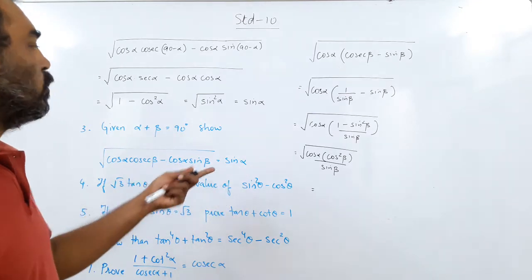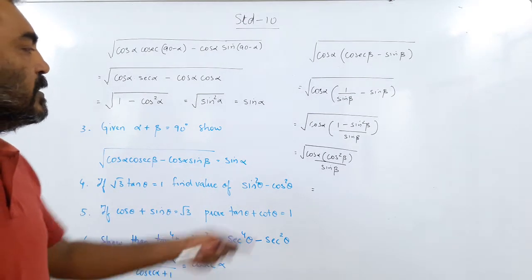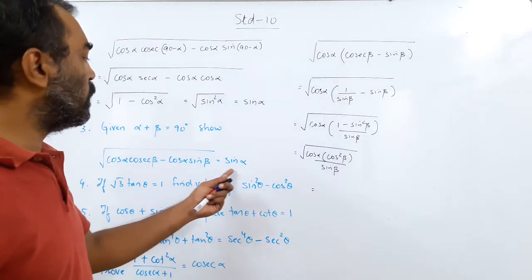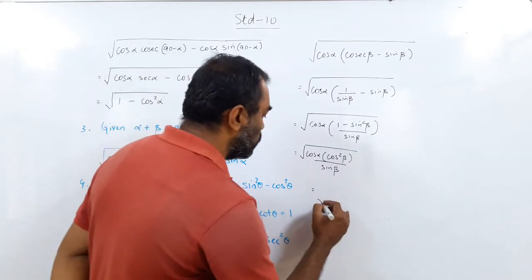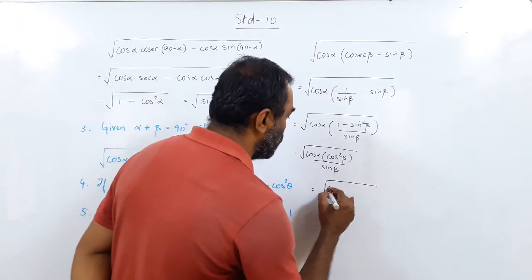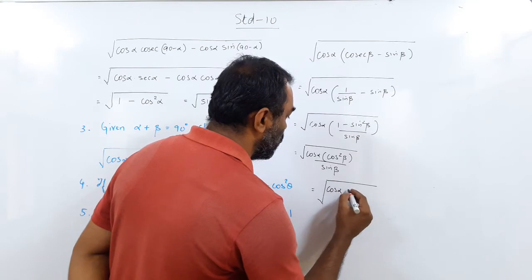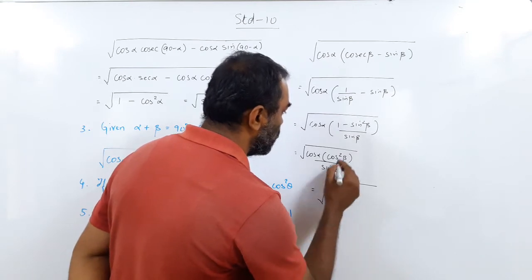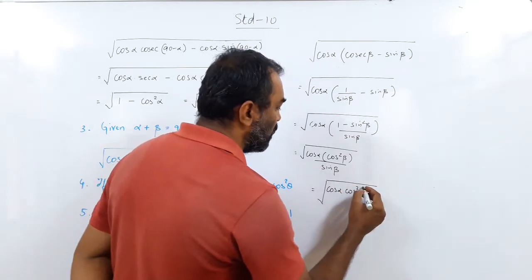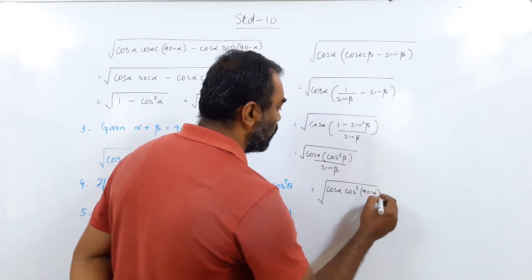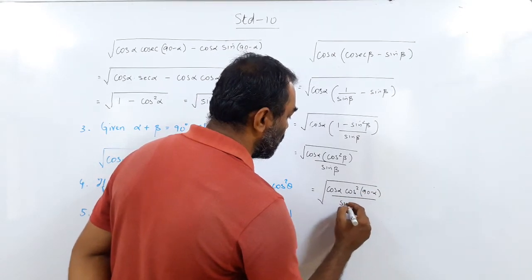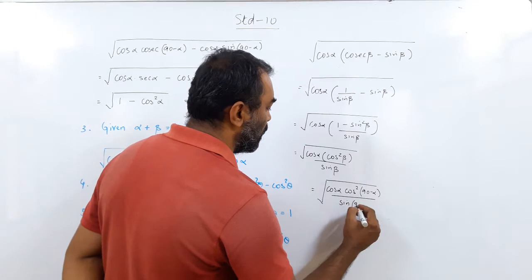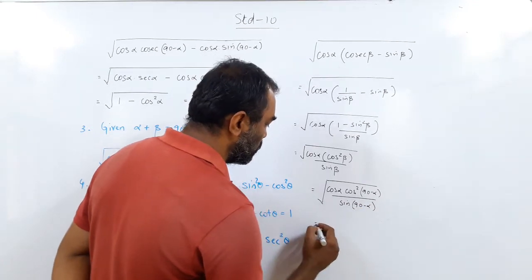So ultimately what you will have to do is convert the beta into alpha because the answer is in alpha. So the sum goes on and on, cos alpha. Now cos square, instead of beta what I will write? 90 minus alpha. And sin, instead of beta what I will write? 90 minus alpha.